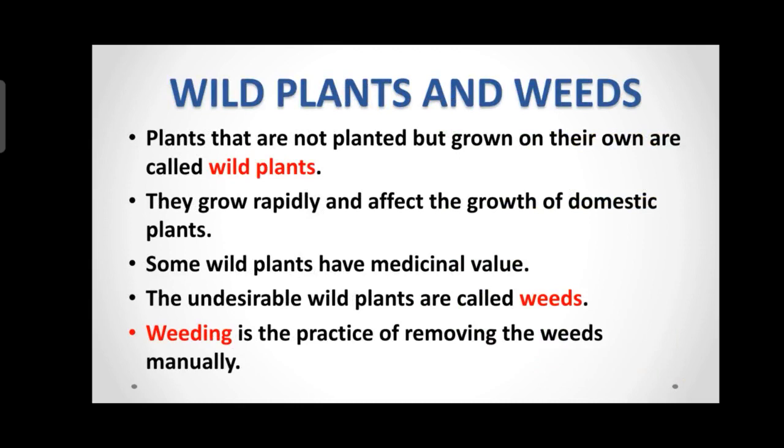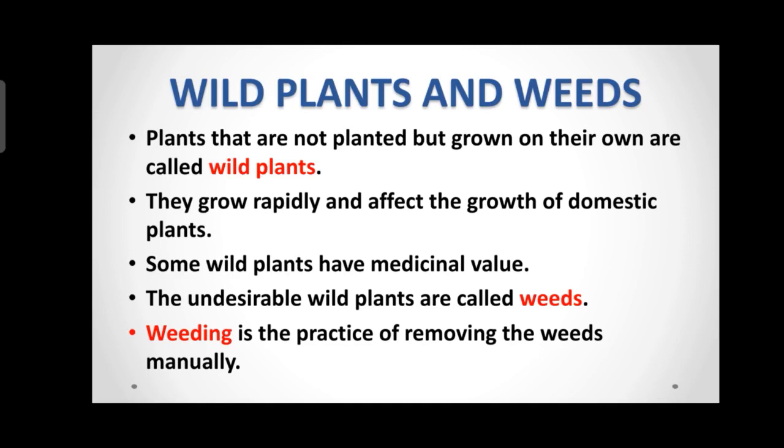Wild plants and weeds. Plants that are not planted but grown on their own are called wild plants, and they affect the growth of domestic plants. But some plants have medicinal value.